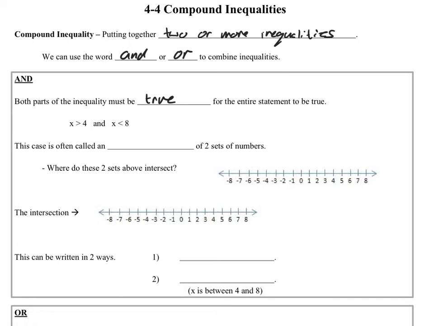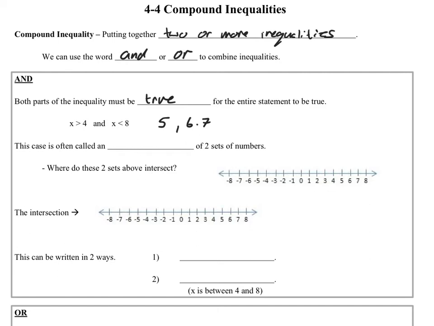So that means we're looking for a number that satisfies both of those criteria. Values like 5, it's larger than 4 but less than 8. 6.7, larger than 4 but less than 8. Both of those are examples of something that might satisfy this "and" inequality.